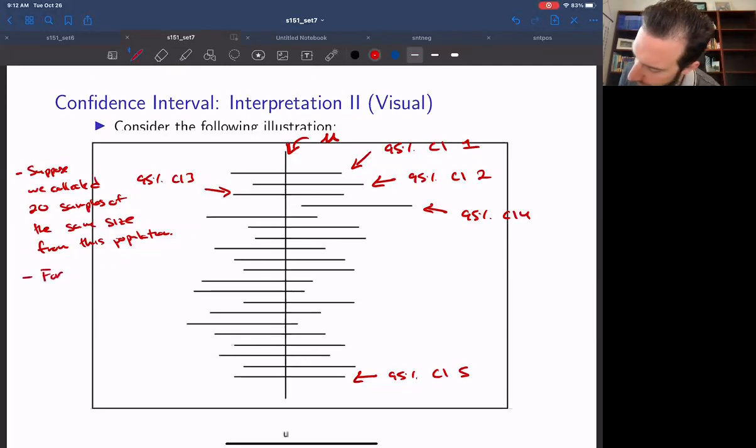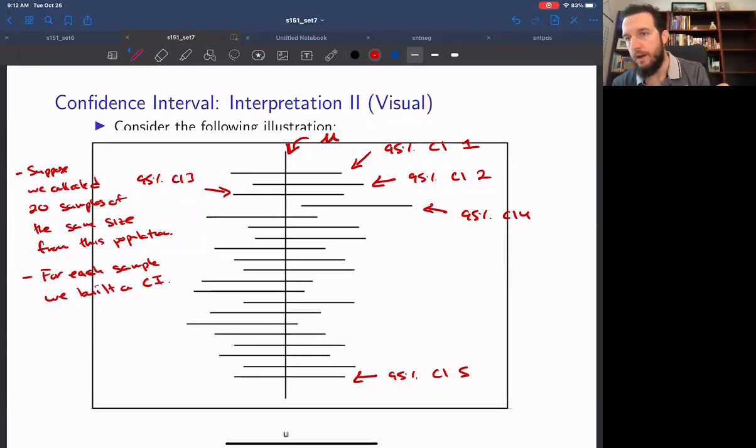And then for each sample, we built a confidence interval. So now we have 20 confidence intervals. Since they are 95% intervals, we expect that 95% of the 20 intervals are going to contain the true mean.